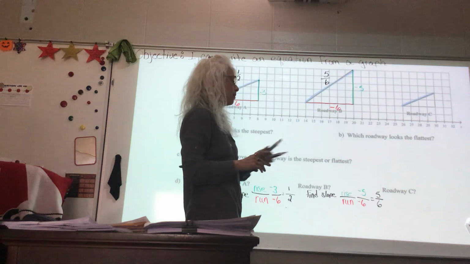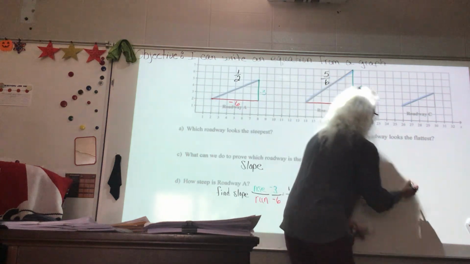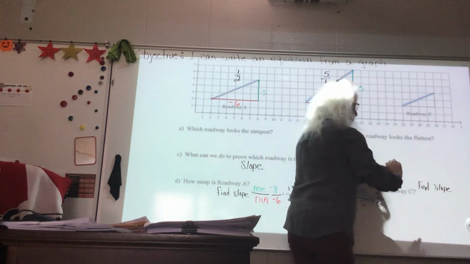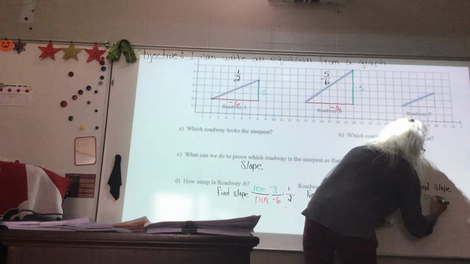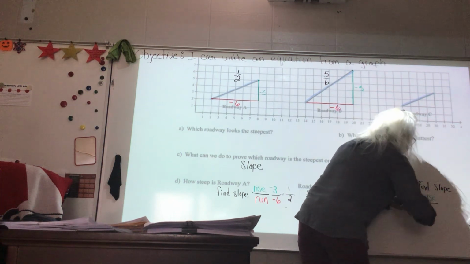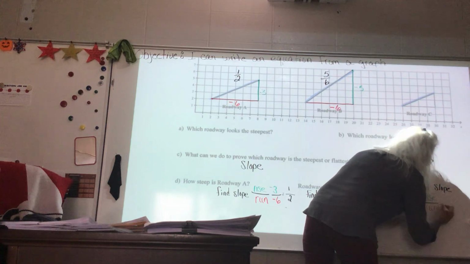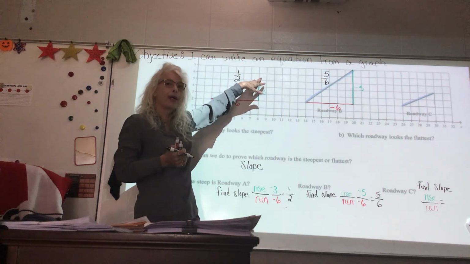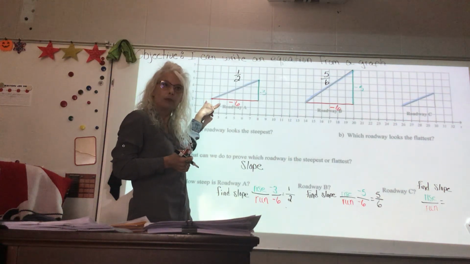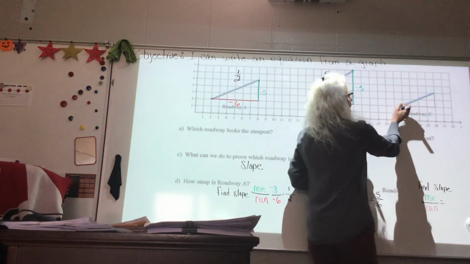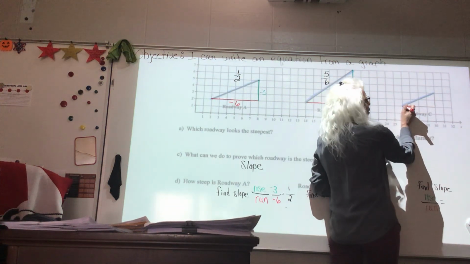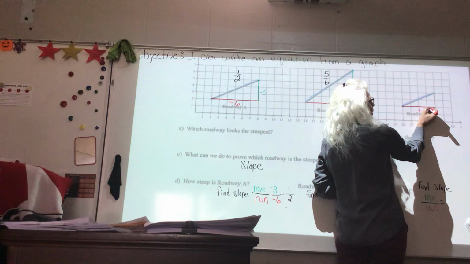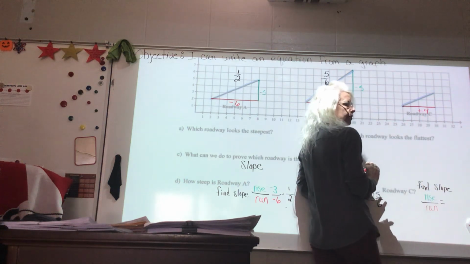Problem C, it's at our roadway C. I'm going to find slope. I'm doing rise over run. Here I always started at the top of the road, but can't I start at the bottom of the road also? So if I start at the bottom of the road, I'm going to have to run to the right, so positive, and I have to run through 1, 2, 3, 4 squares.